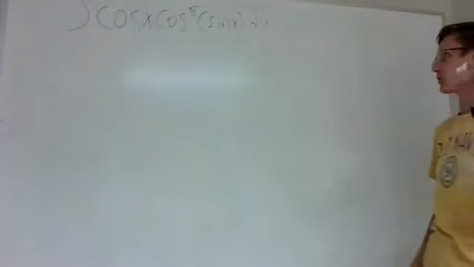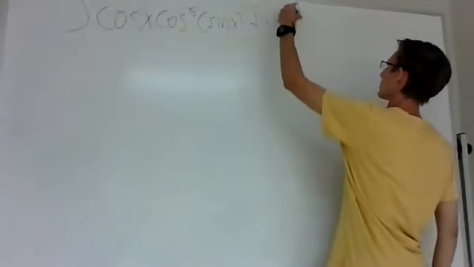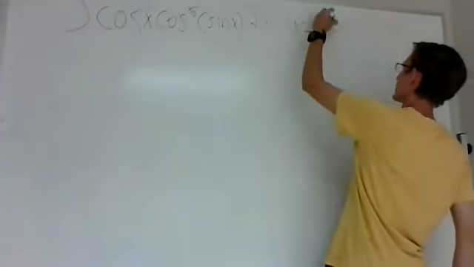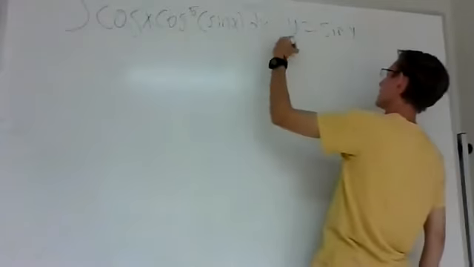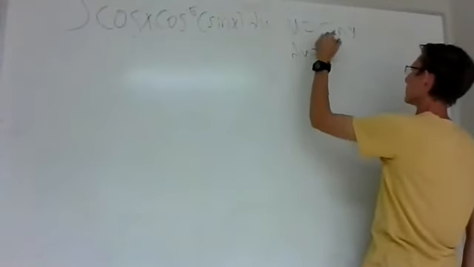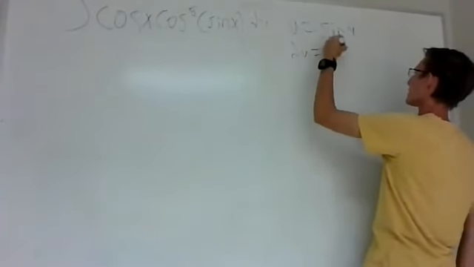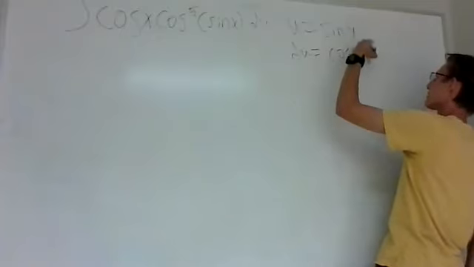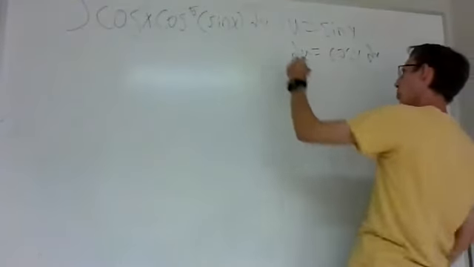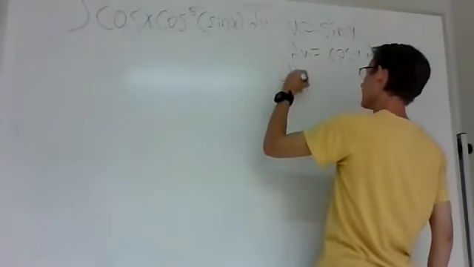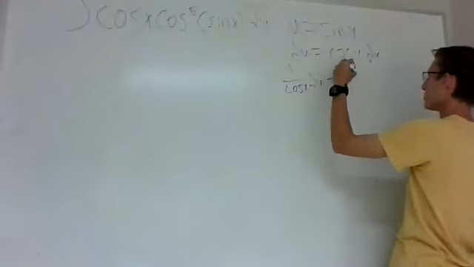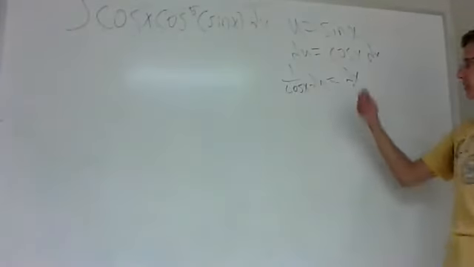In order to solve this integral, the first thing we need to do is a u substitution where u is equal to sine x, so that du equals cosine x dx, so that 1 over cosine x du is equal to dx.